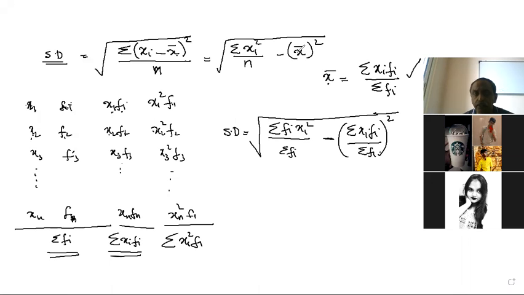You subtract it, then take the square root, and you will get the standard deviation. Observe the formula properly, then you will not forget it. So if there is a frequency, the only thing you have to do is multiply each xi with the frequency. That's why fi comes, and the number of observations is the sum of the frequencies. Is it clear? Yes, sir.